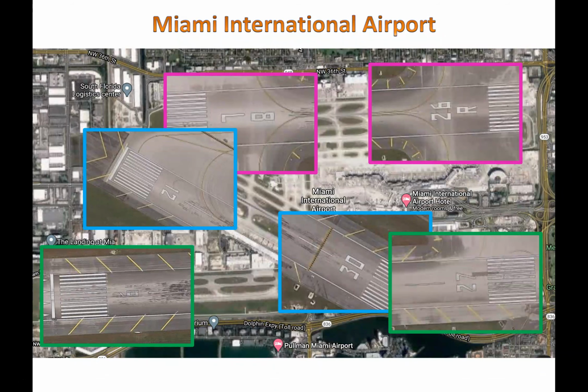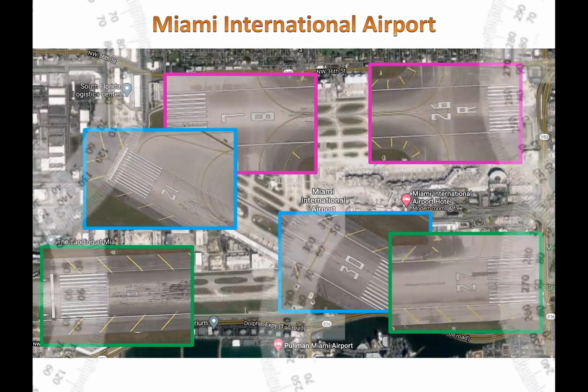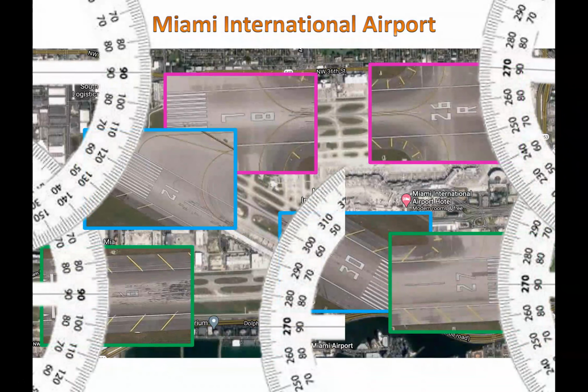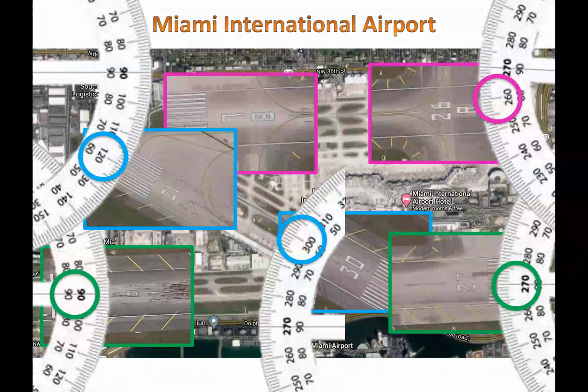So what I'm going to do is bring our protractors back in here, and you can see now that the 26 and the 8, similar to Cayman, 12 and 30, and 8 and 9 and 27, are reflective of the protractor headings, or bearing headings, or compass headings. Oh, I missed one. I didn't circle the 8 one. And they approximate, they round off to the nearest 10, take off the last digit, and that's your runway number.